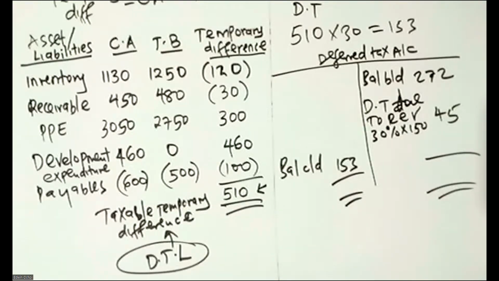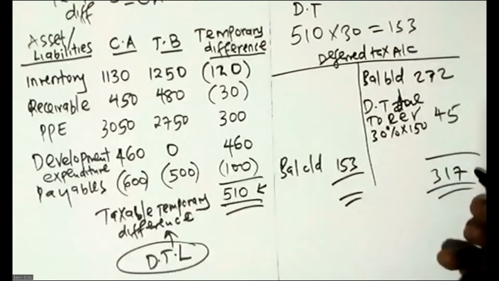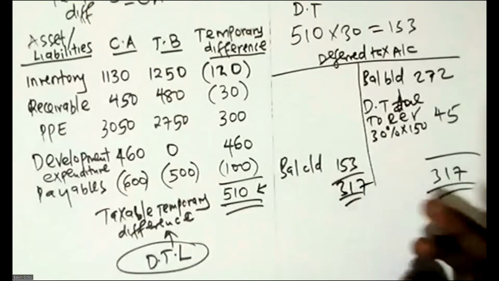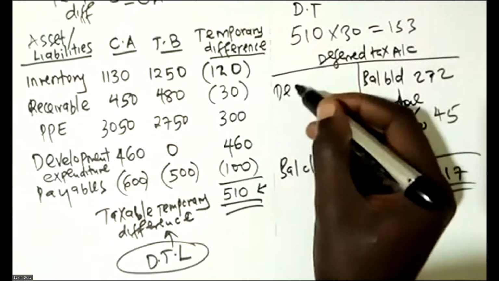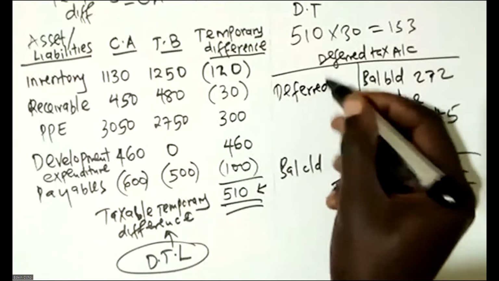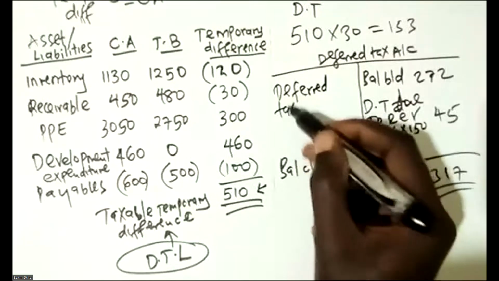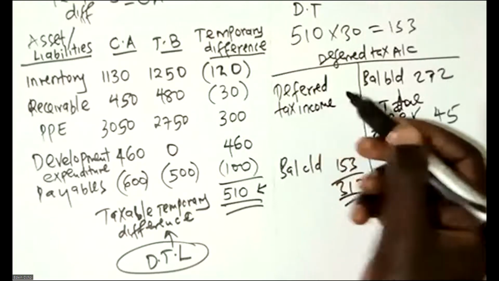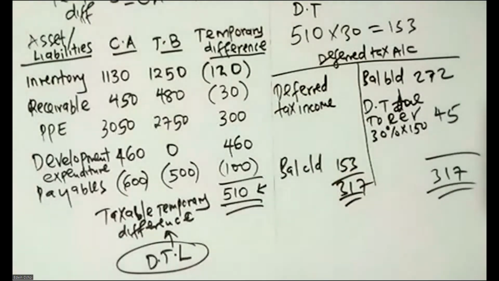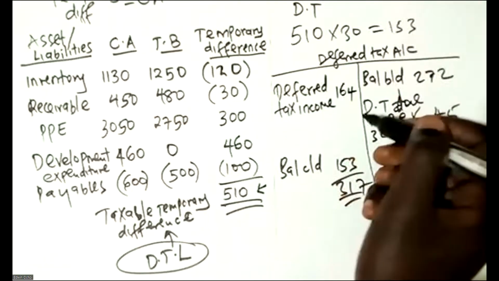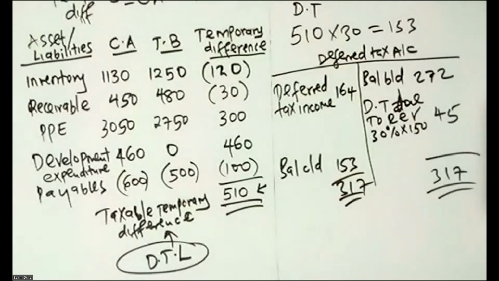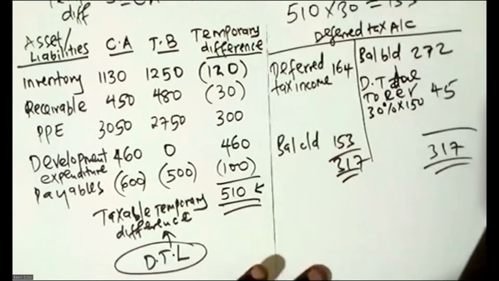So 272 plus 45, 317. So meaning that there's a deferred tax income, because it's a reduction from 317 to 153 of 164. So there's a deferred tax income of 164.